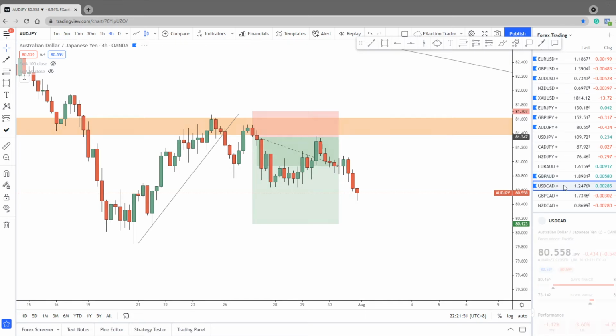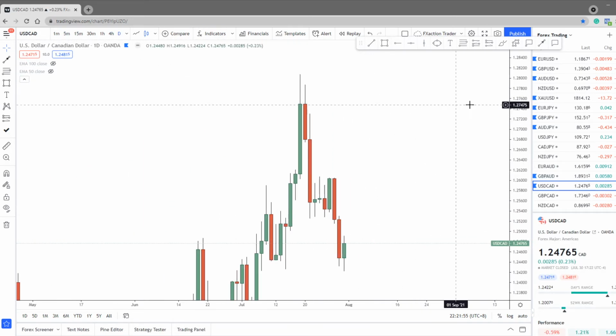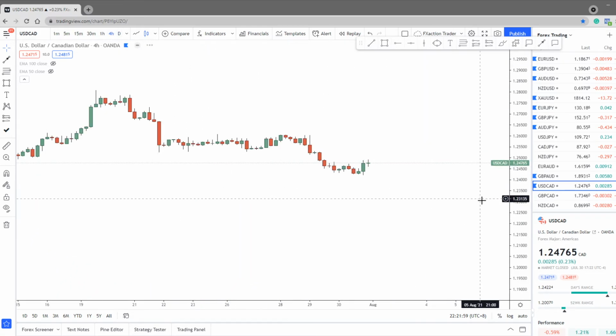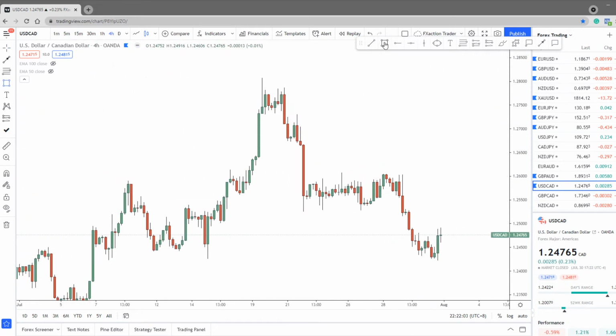So let us move to the dollar CAD. Initially, the movement of this pair was quite uncertain, as we can see that the market has been ranging for quite some time here.